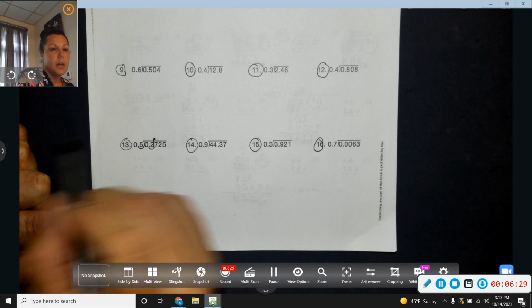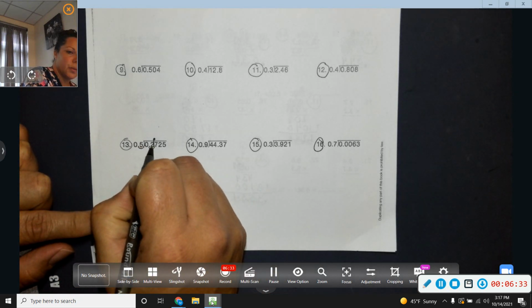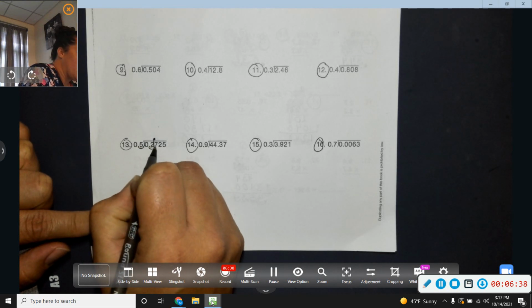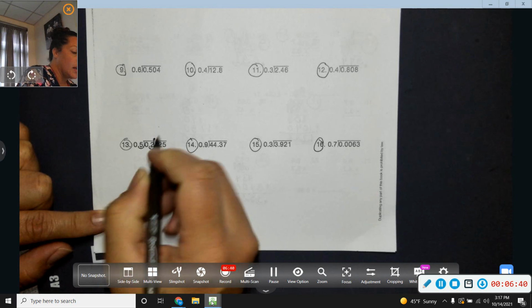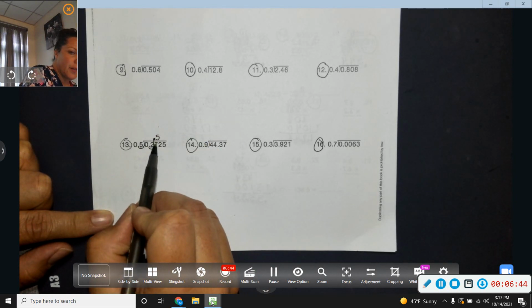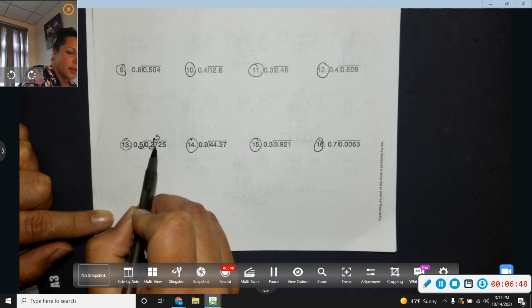Okay? So now I can say, how many times does 5 go into 2? I can't do that. So I need to say, how many times does 5 go into 27? Well, it'll go in there 5 times. I write my 5 above the 7 because I'm talking about 27, okay?